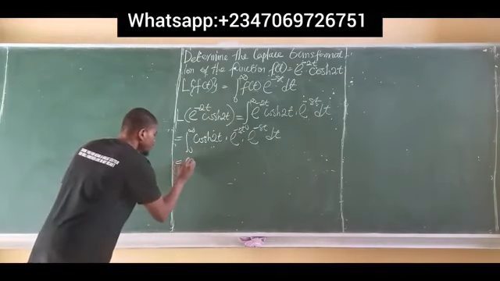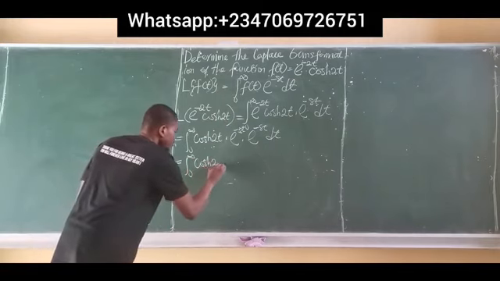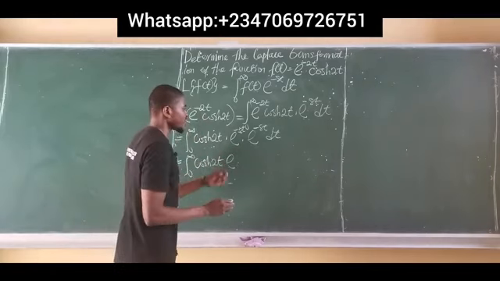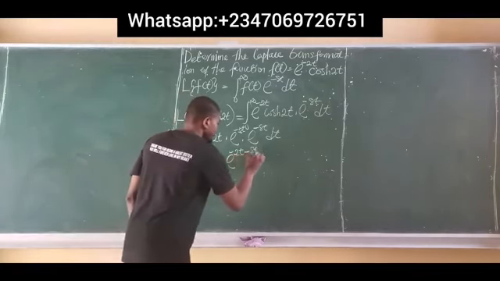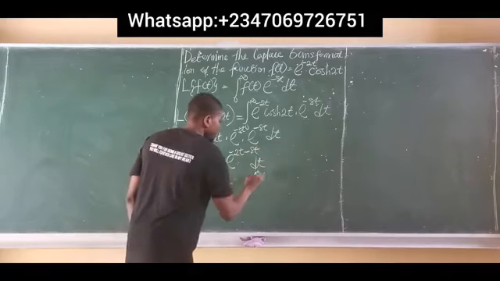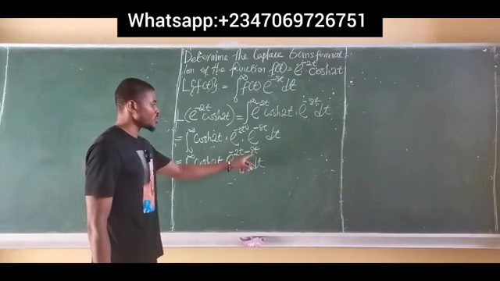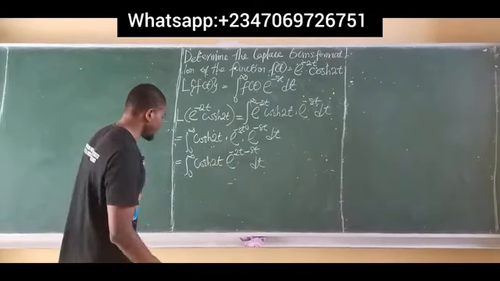Therefore, this is equal to the integral from 0 to infinity of cosh 2t. Hence, you pick one of the exponentials and then you add up their powers. You have minus 2t minus st, multiplied by dt. Now, if you observe, t is common between the two, or minus t is common between the two, so you can actually factor out minus t.